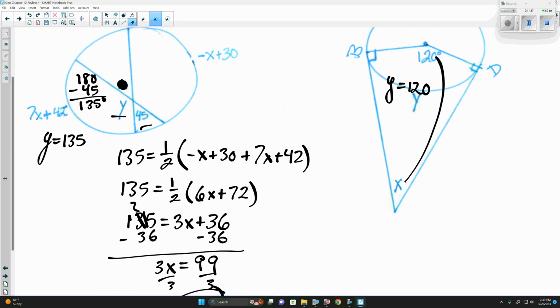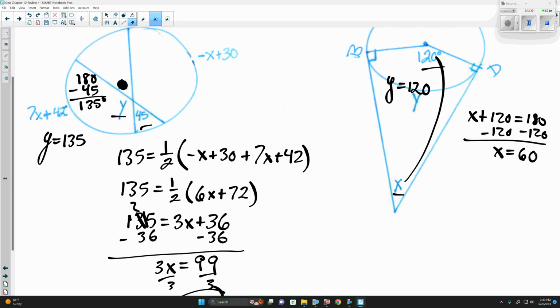Yes, but not quite, because these two have to add together to be 180. What you're thinking of is an inscribed angle. So x plus 120 is 180. So we'd minus 120 from both sides, which does make x 60, but that's not quite the way to get there.